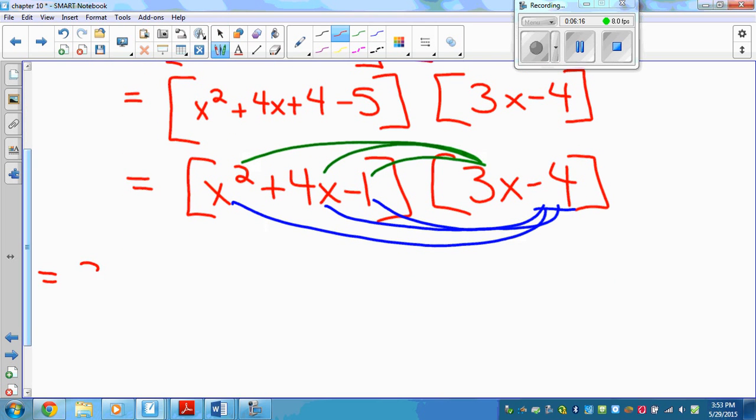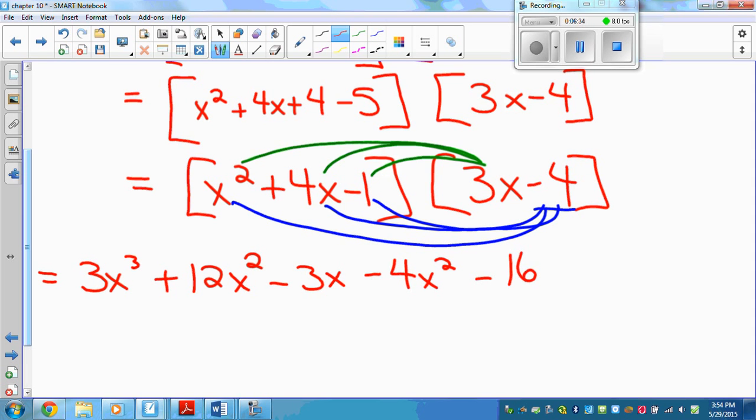So this would be 3x cubed plus 12x squared minus 3x. Okay, that's those first 3 terms. Now I'm looking at applying the negative 4. So that's negative 4x squared minus 16x plus 4.